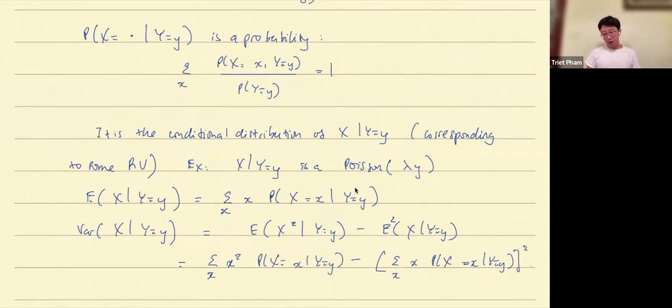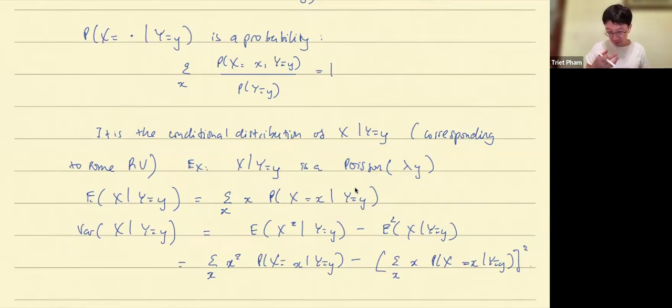Anyway, there's more. The whole point is that it's just a distribution, so we can say as much as we want with the conditional distribution as with an unconditional distribution, as with a random variable.